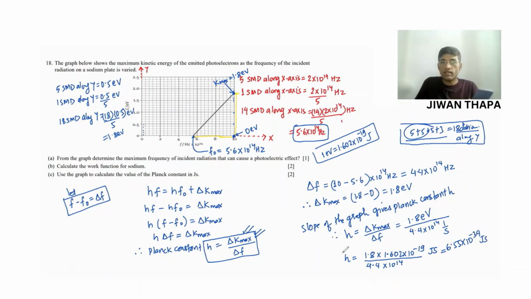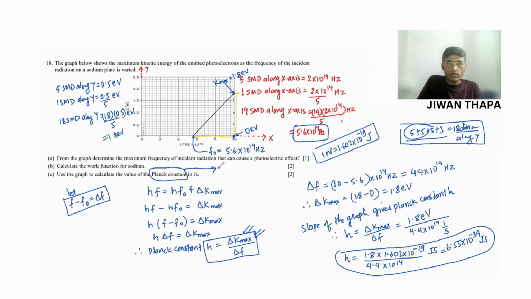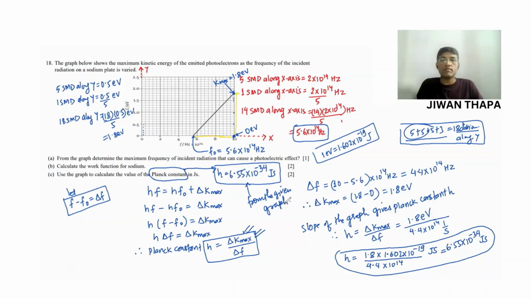So the value of Planck's constant is h equals 6.55 into 10 to the power minus 34 joule second, and this is from the given graph.